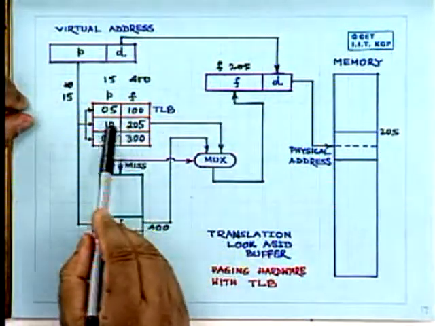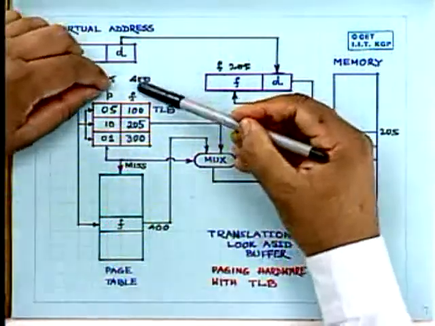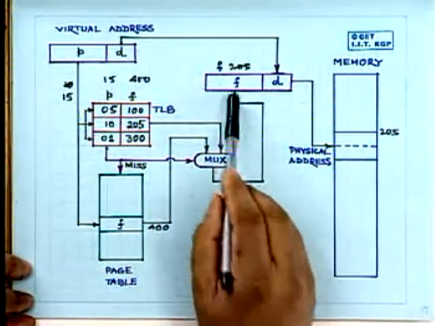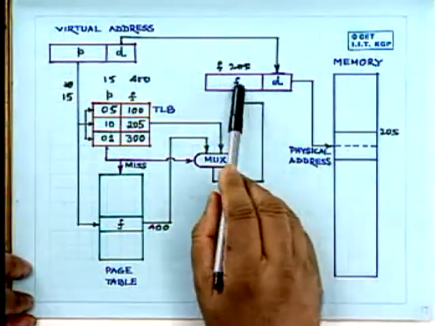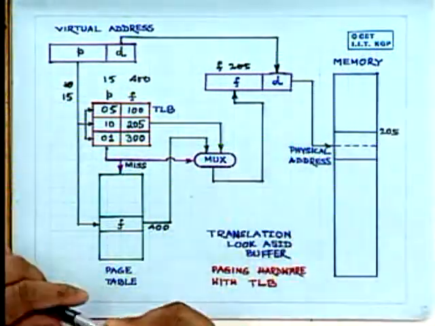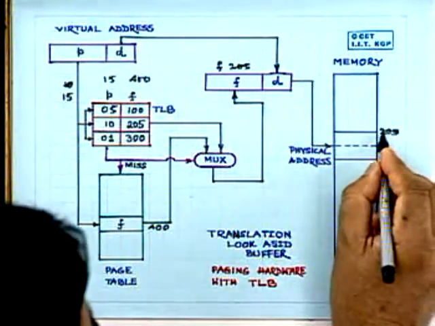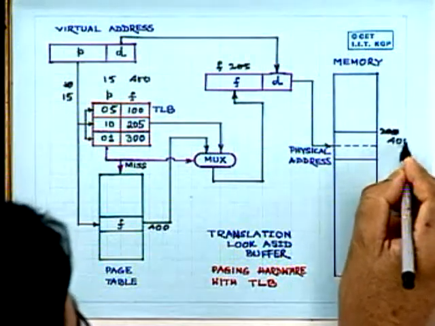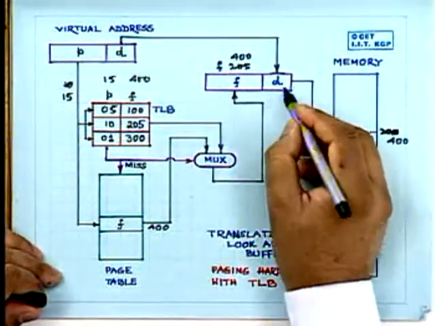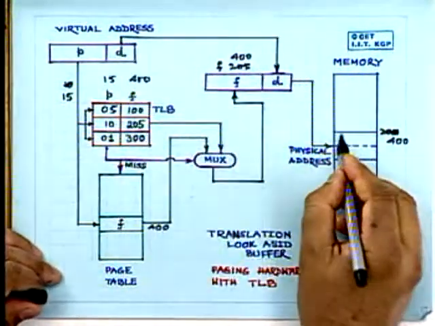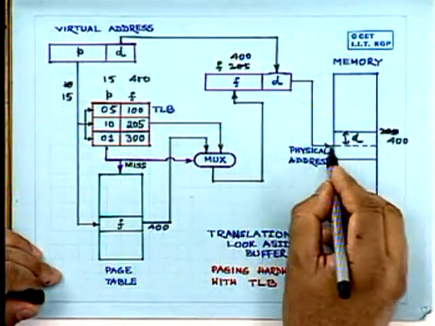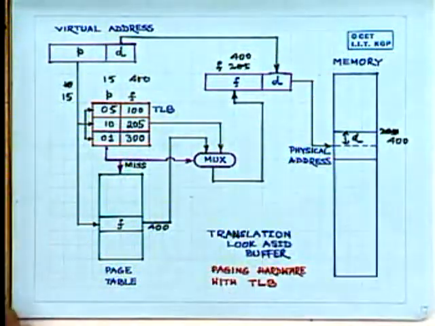If necessary, one of the entries will be removed, and this entry will be put over here. Now, the frame number is available. The hardware can go to the corresponding frame, say 400 here, and the displacement is used to access that particular memory location, right?